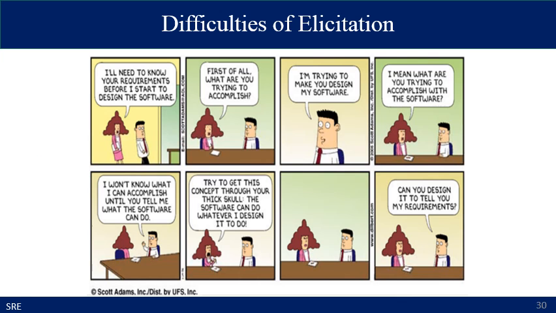The elicitation phase is the most difficult and most important to manage. As described by this Scott Adams art here, a user is being interviewed by a requirements engineer to identify the requirements for a specific project, and he is unable to provide the information.